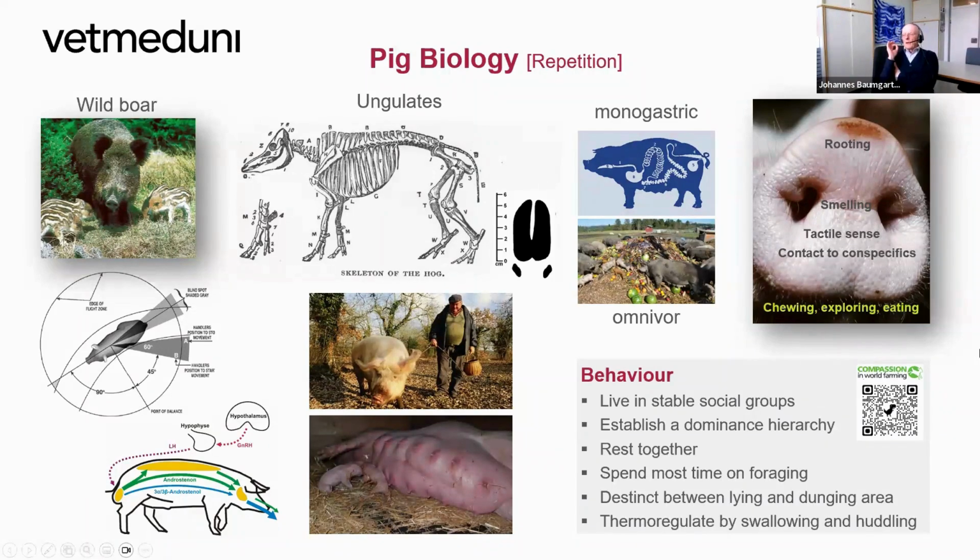And at the end, I come to the main point from my discipline. This is behavior. And we have to know that pigs live in stable groups, maternal groups of 4 to 6 female sows with their offspring. Within the group, there is a dominance hierarchy.